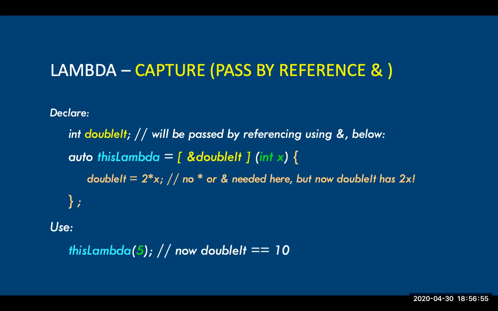That would work. Yes, it would. Yeah, sorry, that's the confusing thing. So later on, when we invoke this, we pass in the 5. And it's going to double it, and it's going to magically, if you will, change doubleIt, even though doubleIt is nowhere specified in the statement.